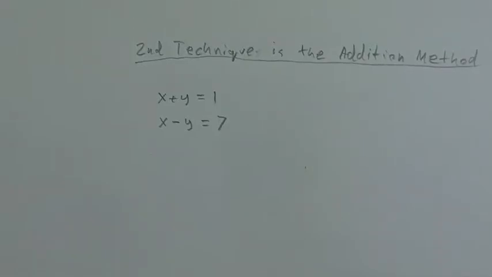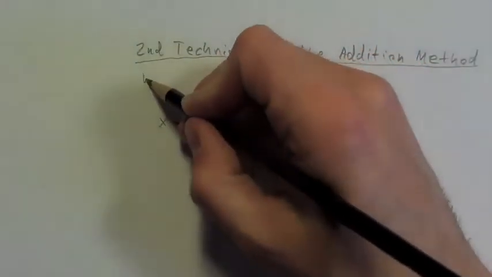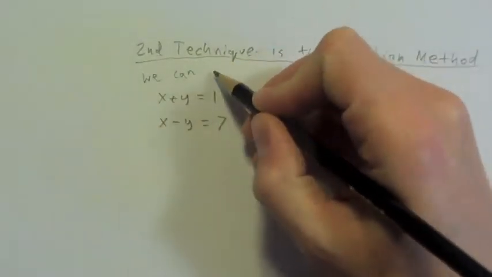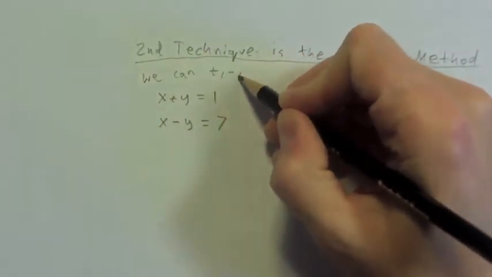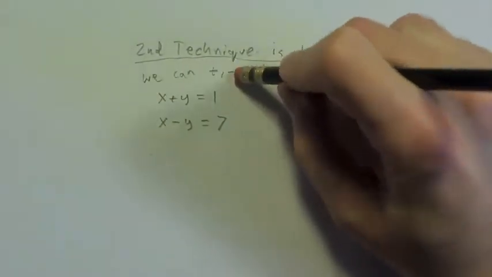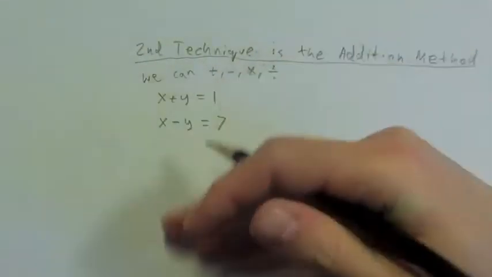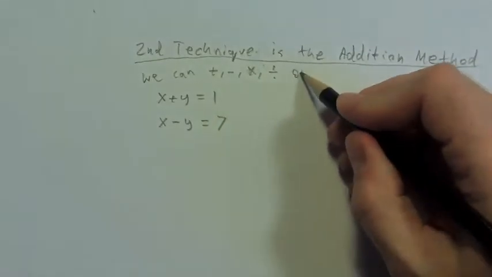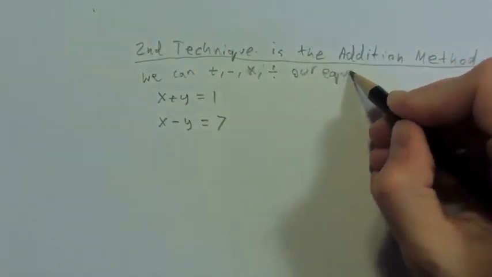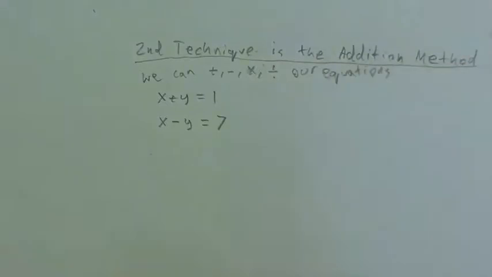And what's interesting about the addition method is it shows us that we can actually manipulate our equations like we do anything else. Okay, so we can add, subtract, multiply, divide our equations like we would just numbers or anything else.